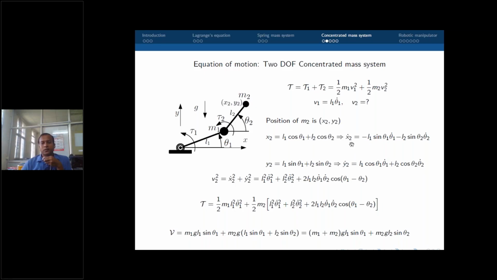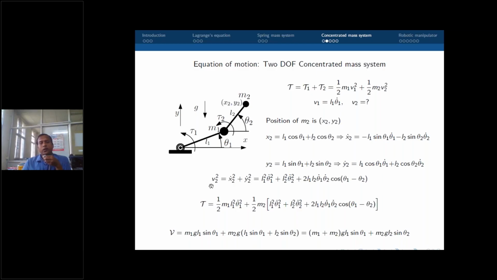One can check. Let us consider x2 dot. x2 is given by L1 cos theta 1 plus L2 cos theta 2. If you take the time derivative, this is minus sin theta 1 times theta 1 dot, and similarly the next part. Once we have calculated x2 dot and similarly y2 dot, substitute them in the v2 square relationship, and with some simplification we get the expression for v2 square.